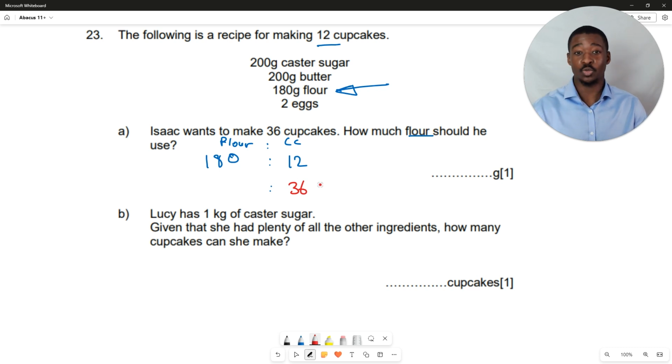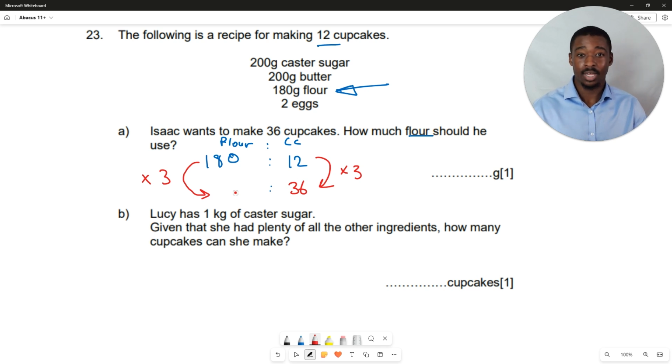Well, what do we do here? To go from 12 to 36, we can multiply by 3. And therefore, we can do the same thing to go from the amount of flour we need for 12 cupcakes to the amount of flour we need for 36 cupcakes. We do 180 multiplied by 3. What's 18 times 3?